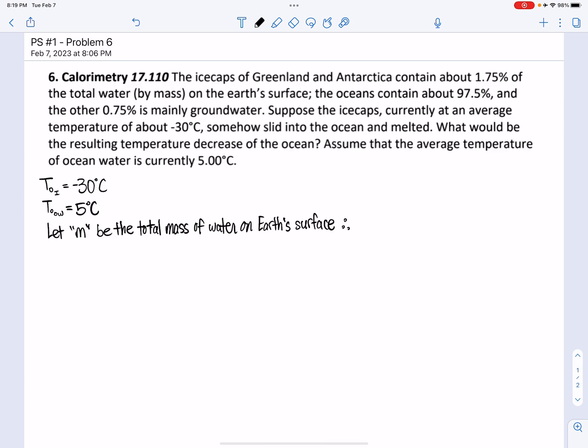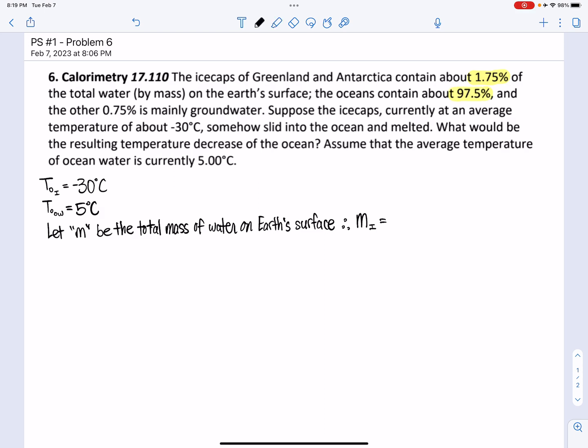Therefore, the mass of the ice caps is equal to what it said, 1.75% of the total water on the Earth's surface, and oceans is 0.975, right?